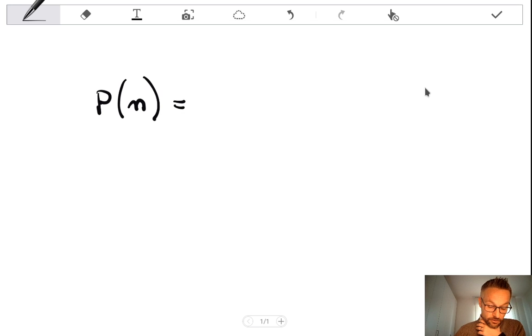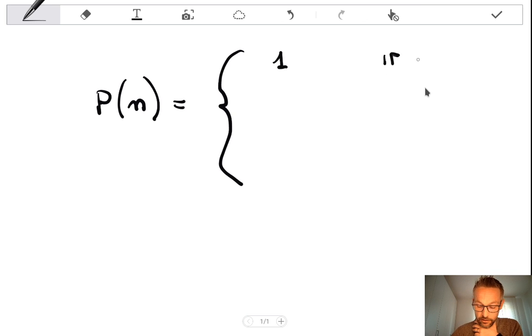We already know that it is 1 if n is equal to 1.